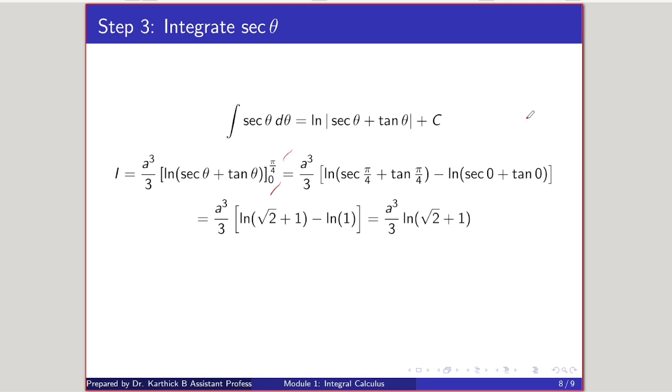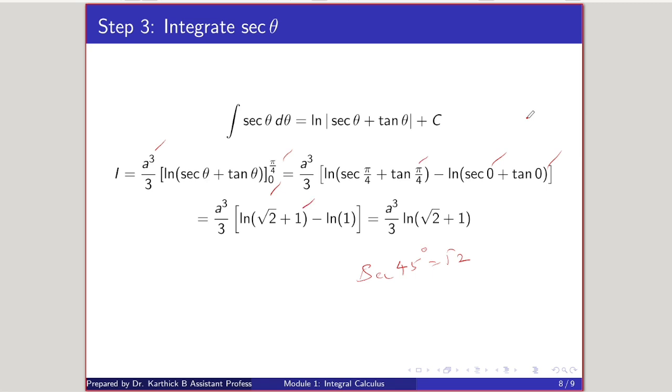A cube by 3 remains constant, so I am keeping it outside, and I am applying the limits: secant pi by 4 plus tan pi by 4, then the lower limit 0. We know that secant 45 degrees is root 2, and tan 45 degrees is 1.